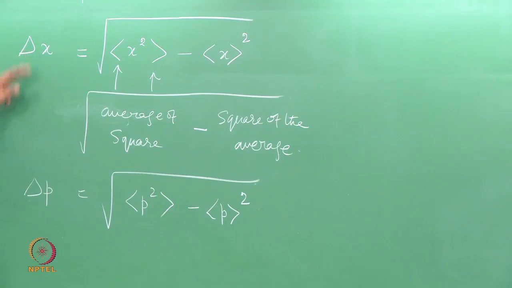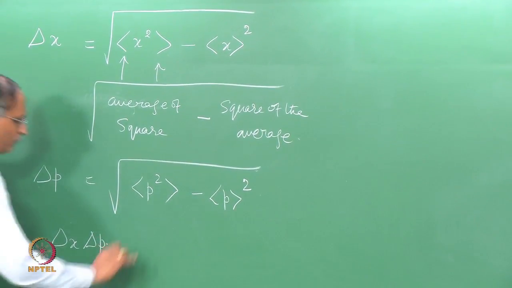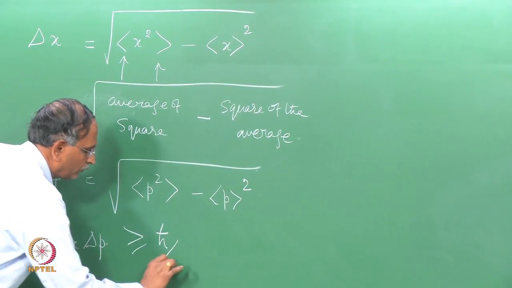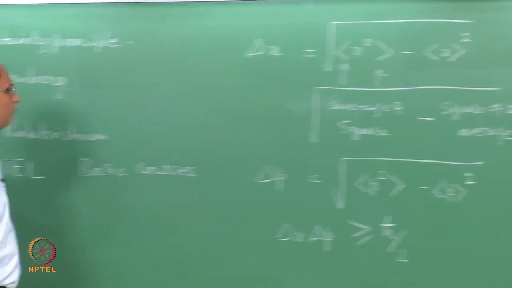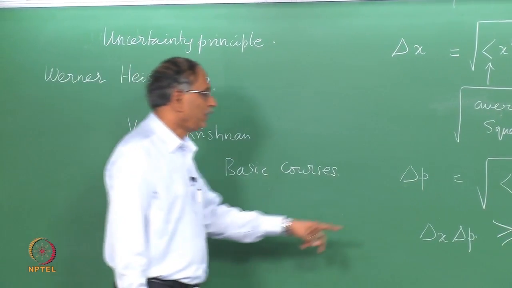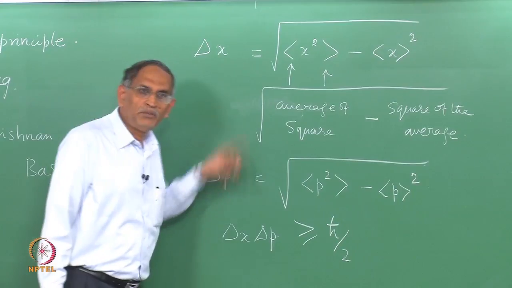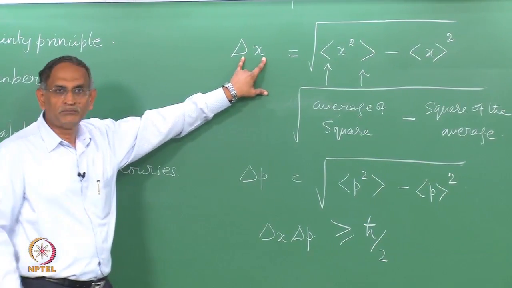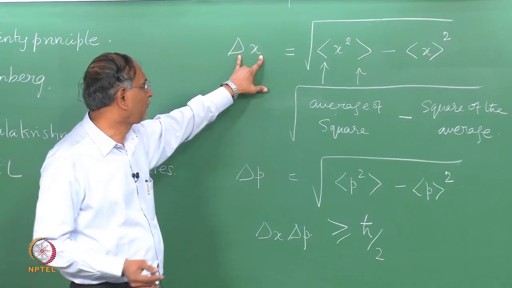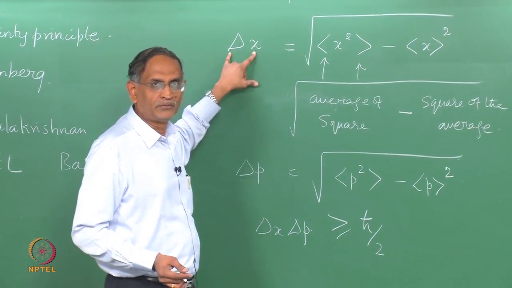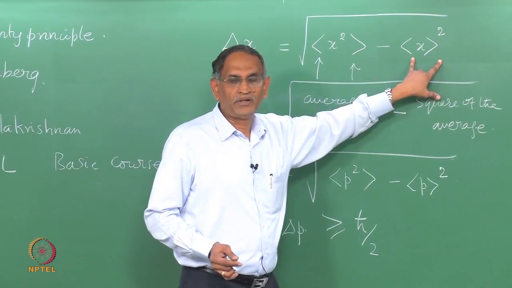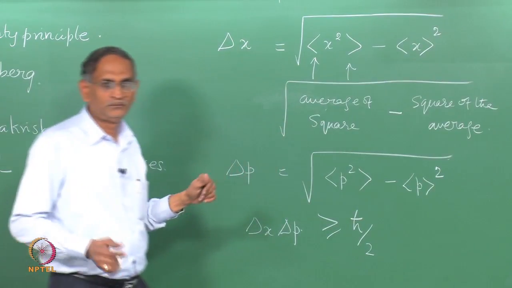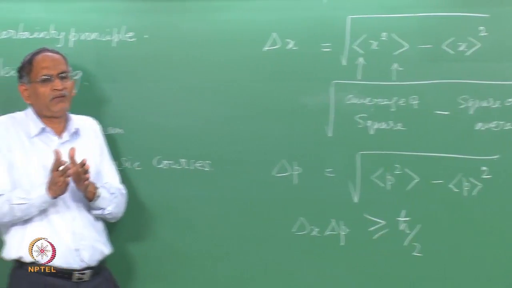Delta x, delta p, the product of the two is greater than or equal to h bar by 2. This is the Heisenberg's statement about the uncertainty between x and p. What it means is that if for some preparation of the states we are able to minimize this by making sure that this average and this squared average are very close to each other, therefore we are able to measure the position very accurately.